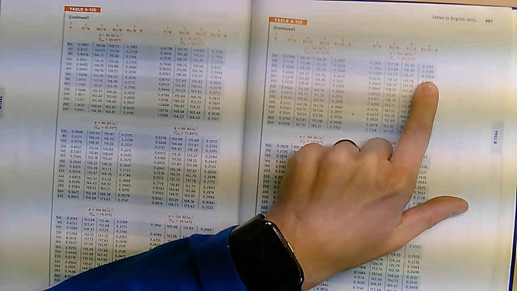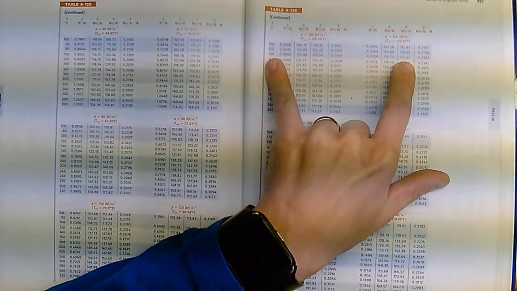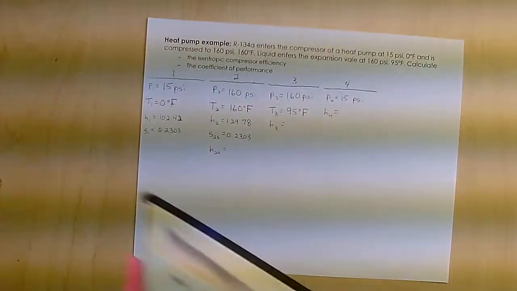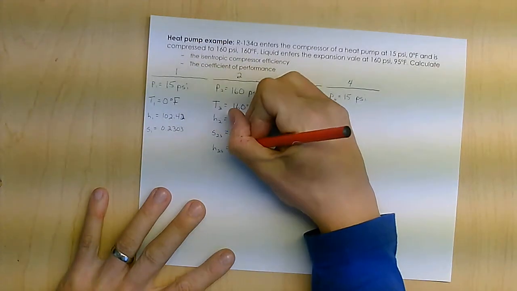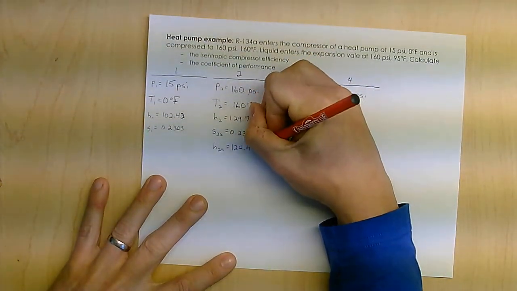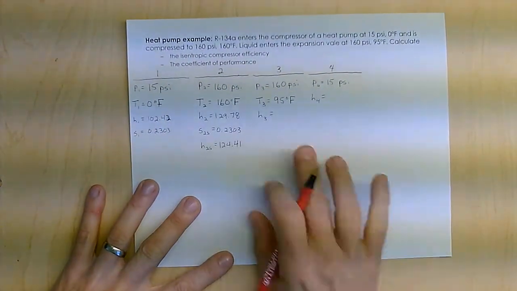I don't even have to interpolate, which is at 140 degrees. Okay, that H value is 124.41. That would be the H for an ideal compressor where there are no irreversibilities, which is not the case here. This is the actual. Again, I'm kind of doing this a little bit backwards.